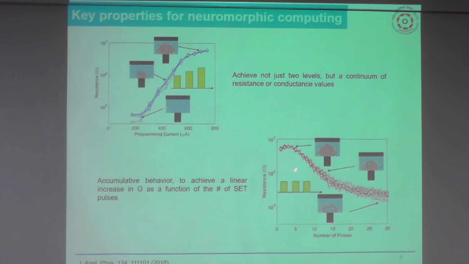Here, they are providing a number of pulses, which are set pulses, and you can see the device resistance decreasing from high resistance to low resistance state. As we increase the pulses, a crystal is getting formed in between.